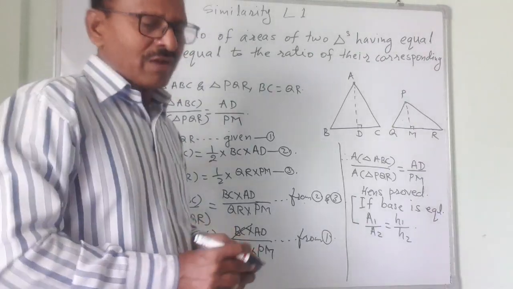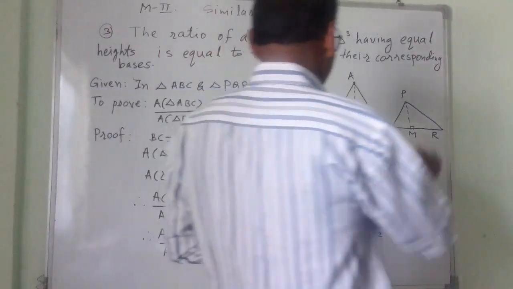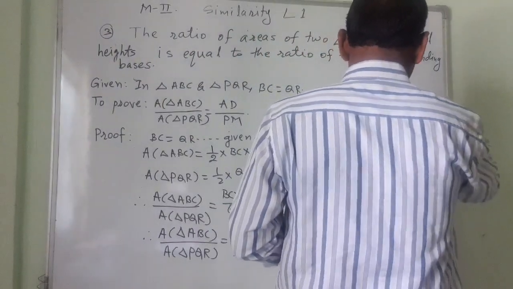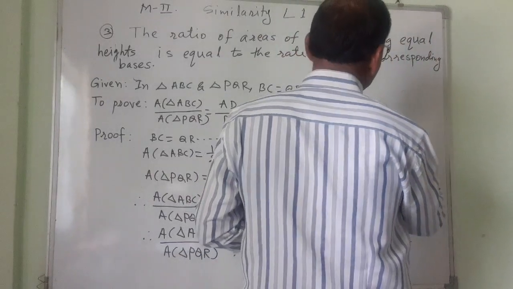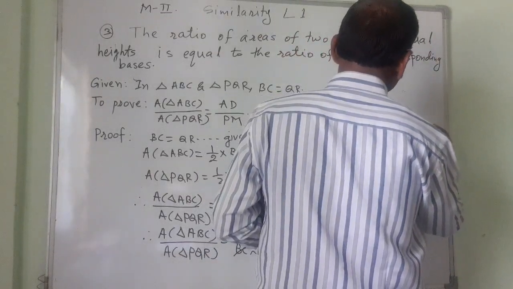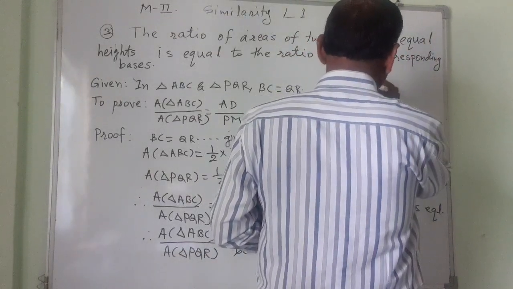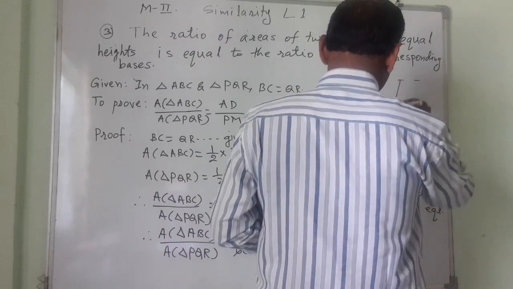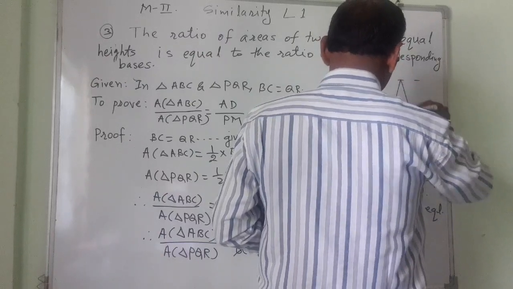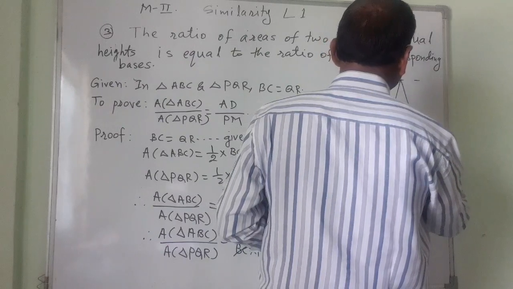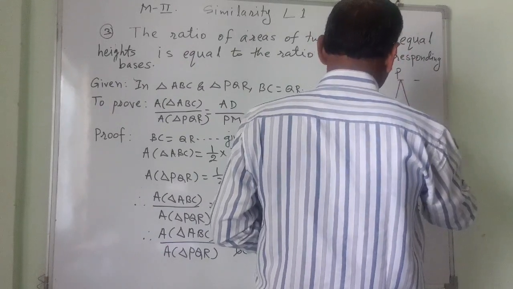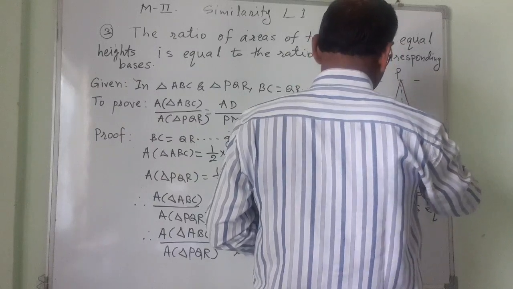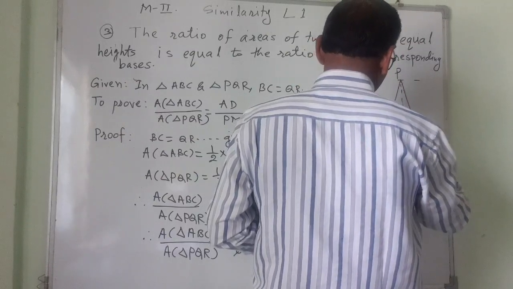Now in this the figure will change. Heights are equal. That means this triangle PQR and this triangle would have the same heights. And I will draw the height PM.